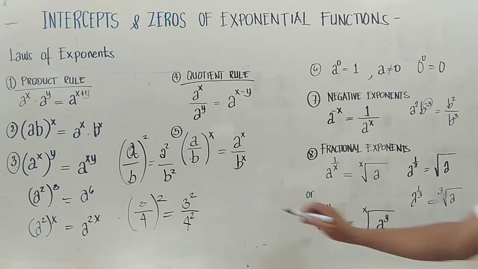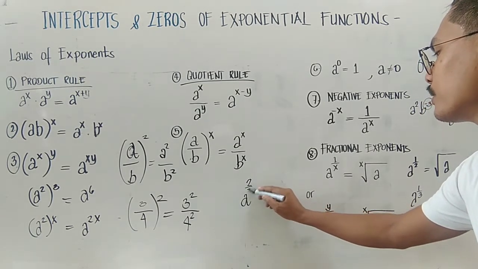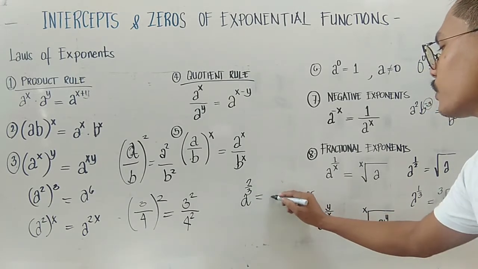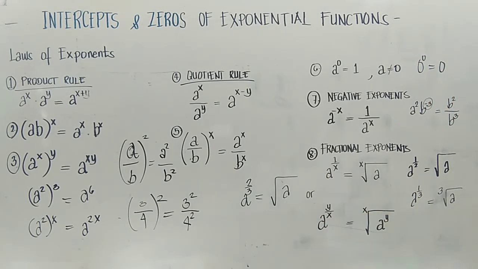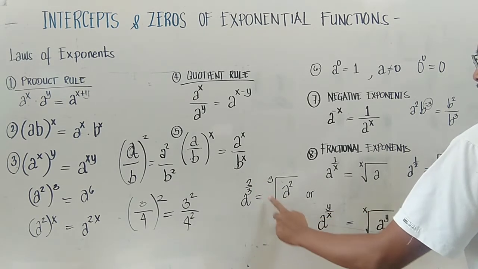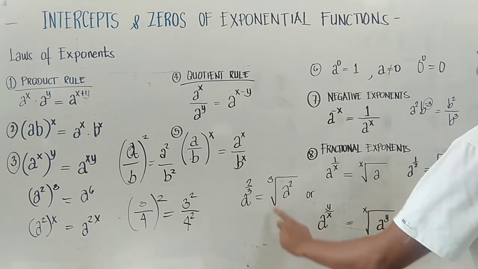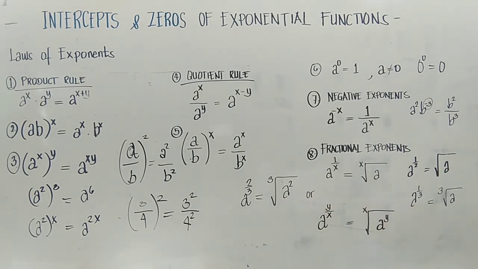For example, a raised to 2/3: the denominator is the index. So a raised to 2/3 is equal to the third root of a squared, or the cube root of a squared.